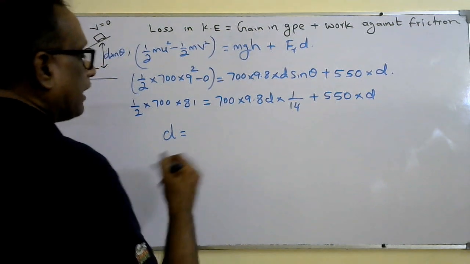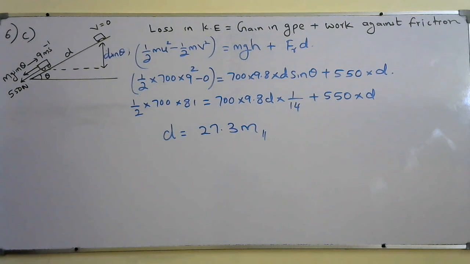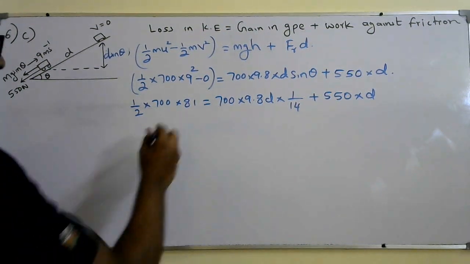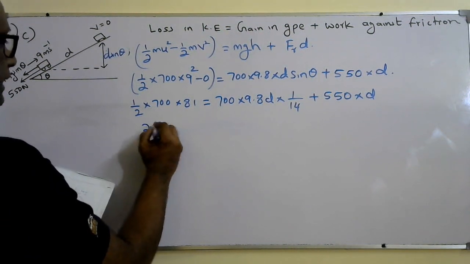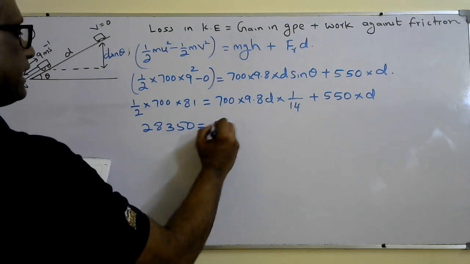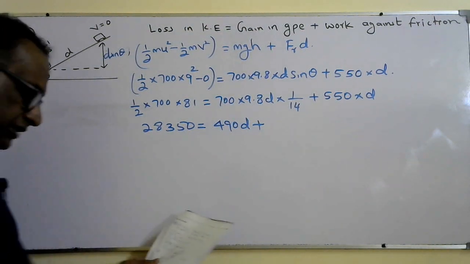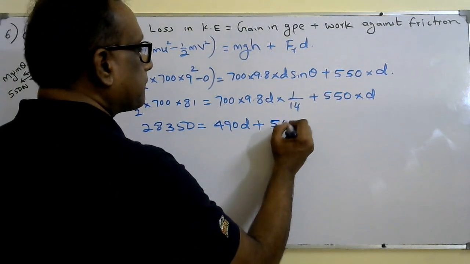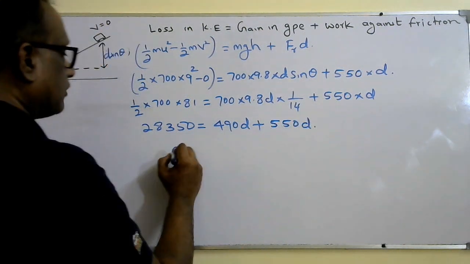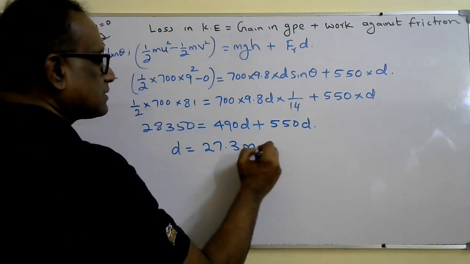Take the d out. I can write step by step: 28350 equals 490d plus 550d. Now solve for d. d is equal to 27.3 meters.